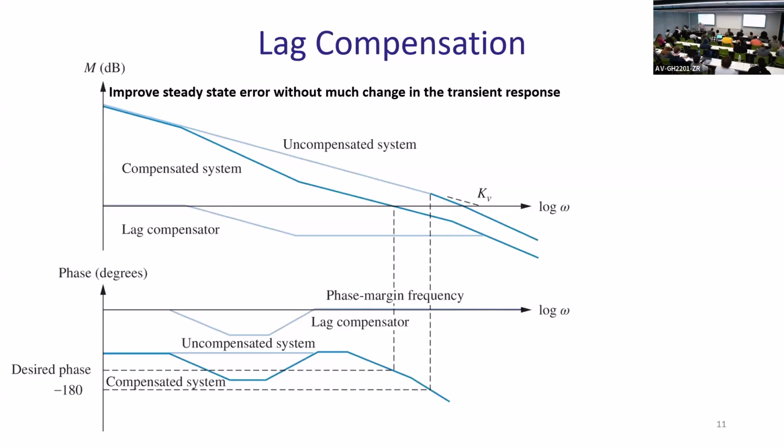And in your overall design, when you add in the lag controller, you're practically moving your crossover omega, where you have the phase margin, in a particular direction. So this is the controlled system gain, and this is the original one. Your crossing point was here, and now it moved here.